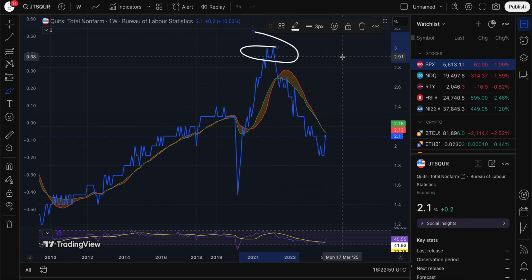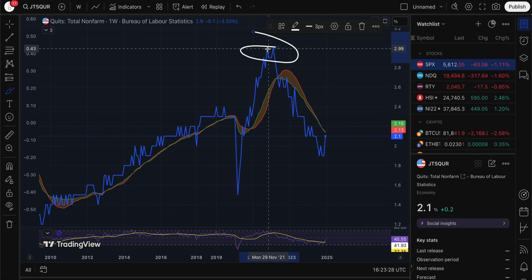So the fact that you have a lot of job openings means that you have leverage, because if you have another job that is offering you more, you can go to your boss and say, Mr. Bossman, fork up a 6%, 7% rise in my wage, or I'm switching jobs. And so whenever you're at cycle highs in the quits rate, that is typically associated with an employee's labor market.